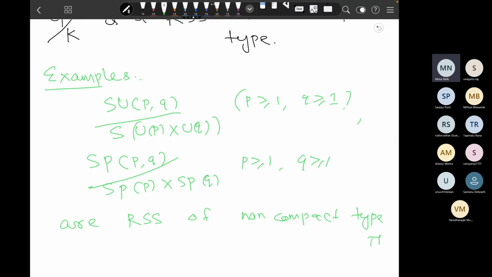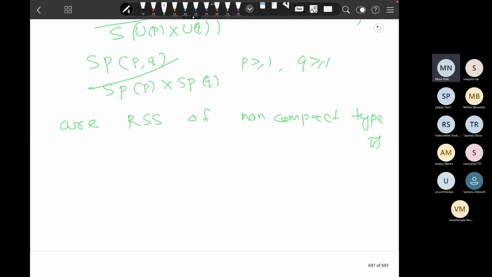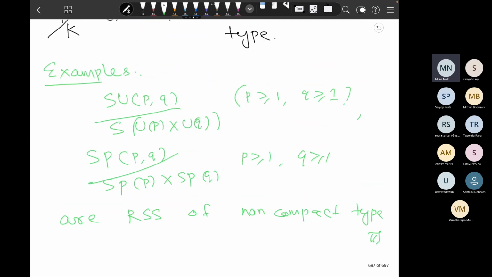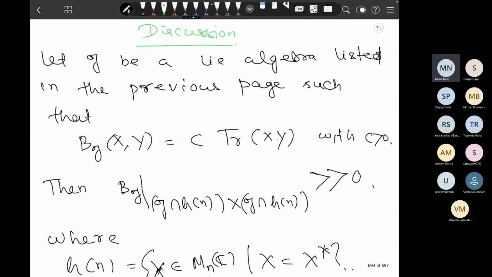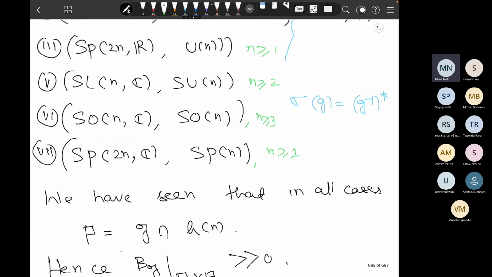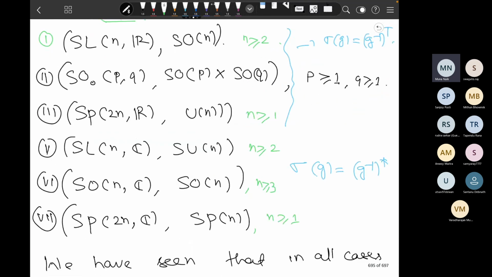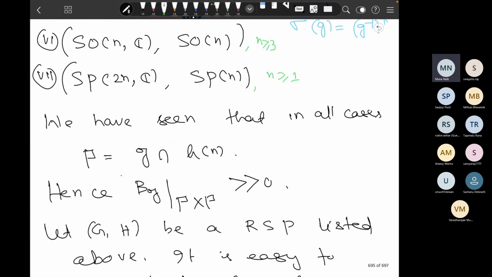So with this, I would like to stop, and if there is any question you can ask. In the next lecture, to prove that a Riemannian symmetric space is effective, you need some knowledge about the center, and to prove some Riemannian symmetric spaces of compact type, we also need knowledge of the center.